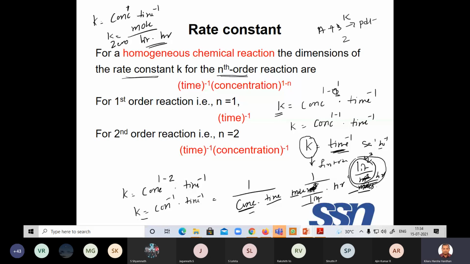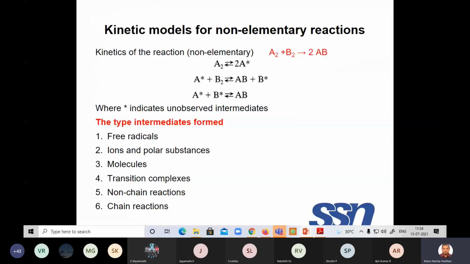Now we'll see how we can write the rate. What do you call the rate for a non-elementary reaction? Kinetic models for non-elementary reactions. Now you see here, there is a reaction A2 plus B2 gives 2AB.